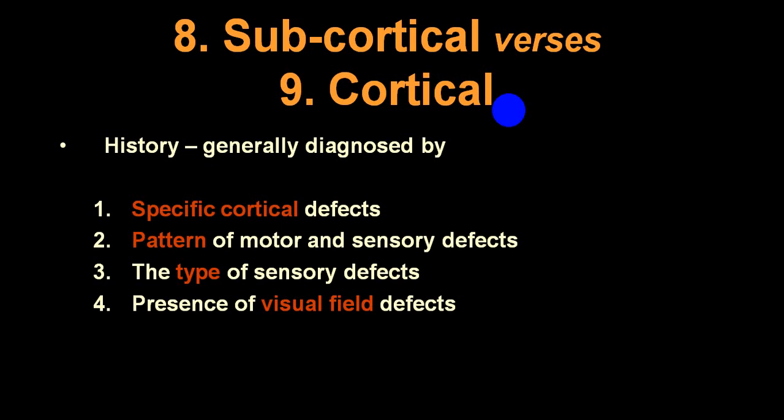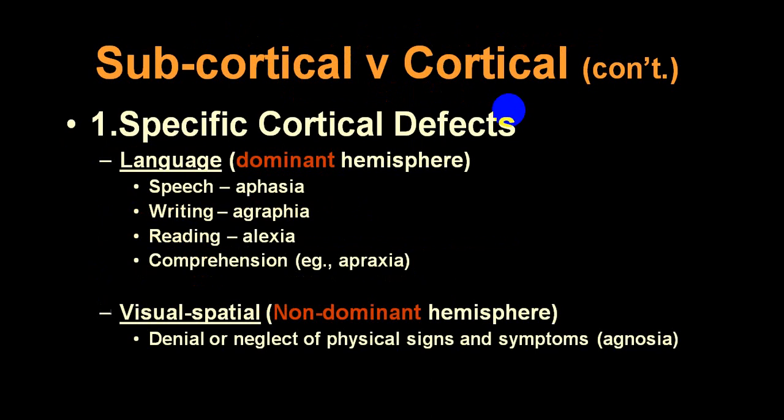All those will be common findings in cortical damage. While in a case of subcortical damage, usually the person will not have aphasia, agraphia, alexia, apraxia, etc.